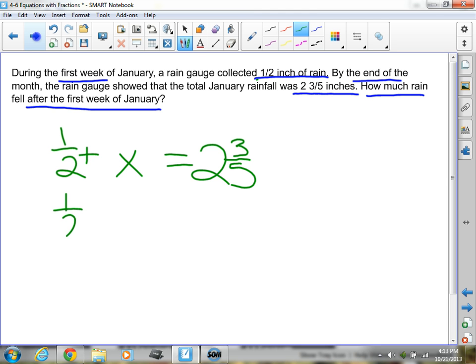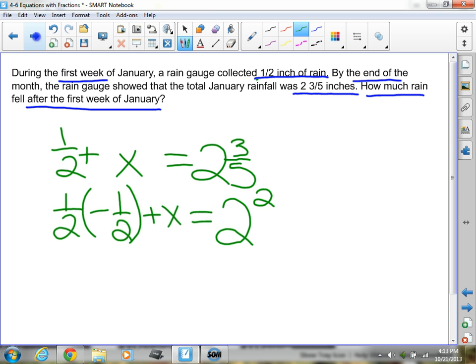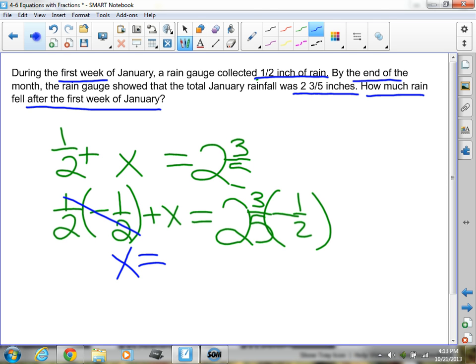So I have 1/2 plus x equals 2 3/5, minus 1/2. 1/2 minus 1/2 is 0, so that gives me x all by itself. x equals 2 3/5 minus 1/2.